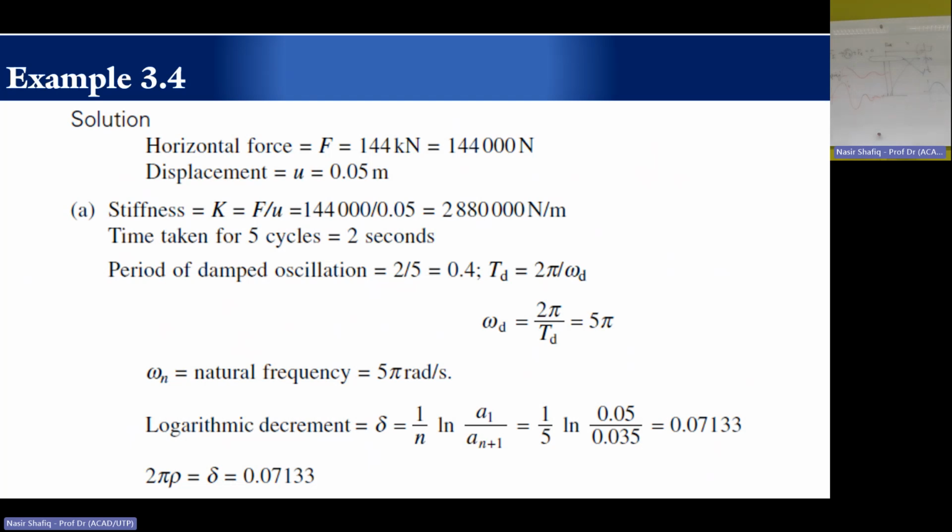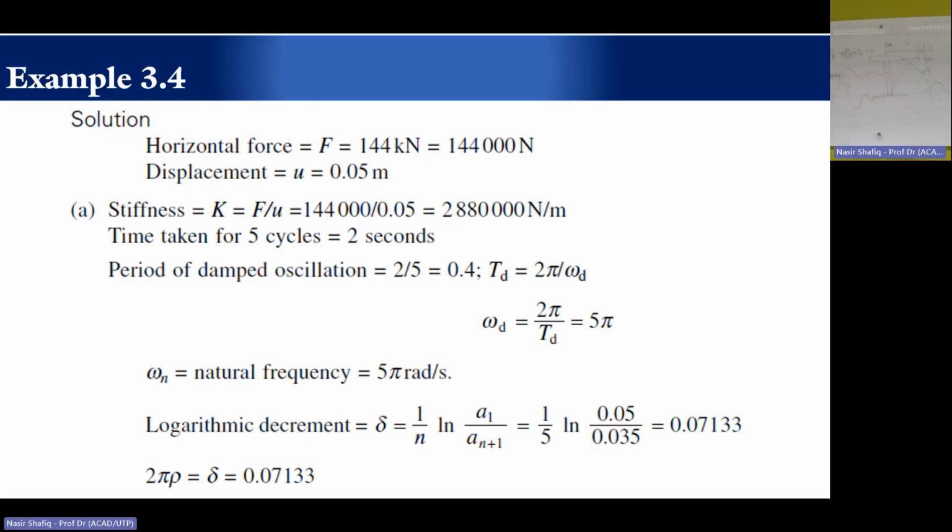Now the logarithmic decrement from this: 1 upon n, where n is 5 cycles, between consecutive amplitudes.